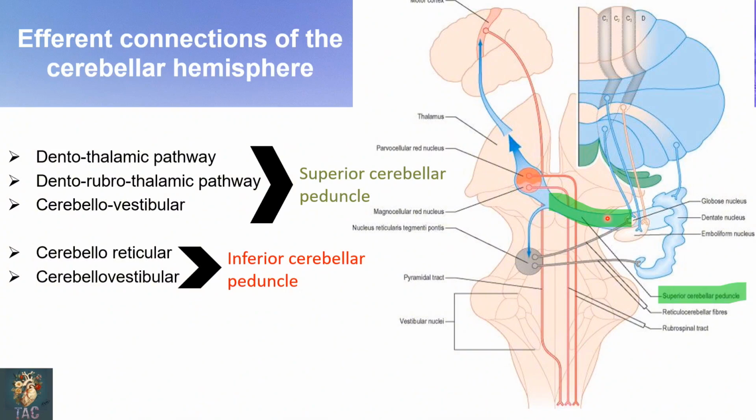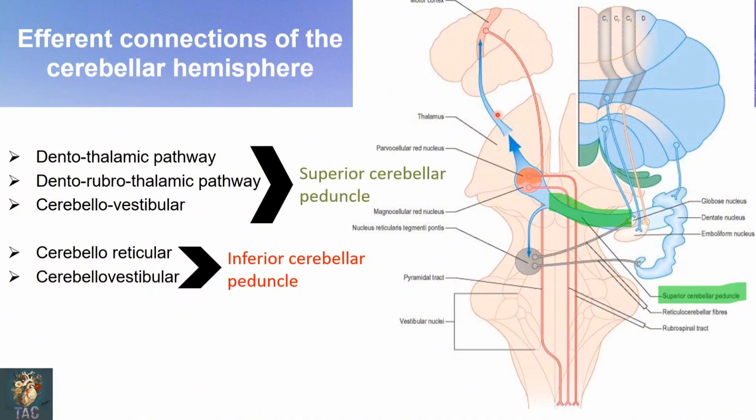Now remember the fibers which are going from the cerebellum to the cerebral cortex are not direct. First they relay in the thalamus. Either they go directly to the thalamic area, or first they relay in the red nucleus and then go to the thalamus, the VPL nucleus of the thalamus, and from here they go to the motor cortex.